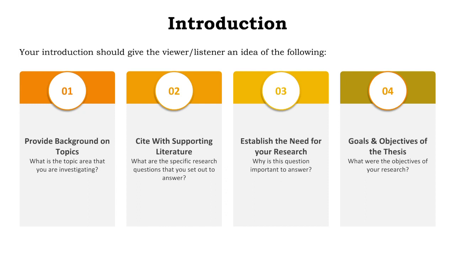Okay, move on to number 4. Goals and objectives of the thesis. What were the objectives of your research? So the objectives could have been to develop LED lights, but maybe that was clear, but you need to go into detail of the details of the objectives.